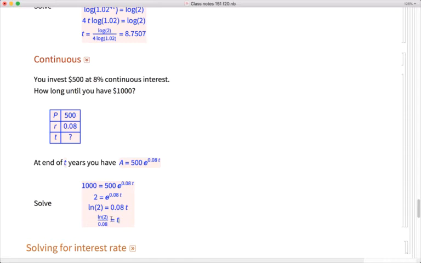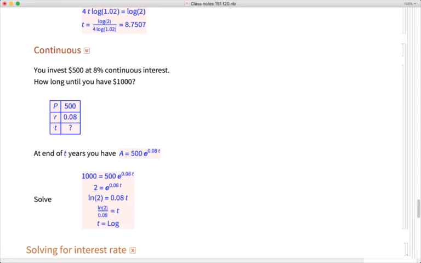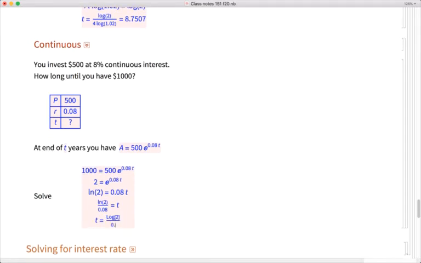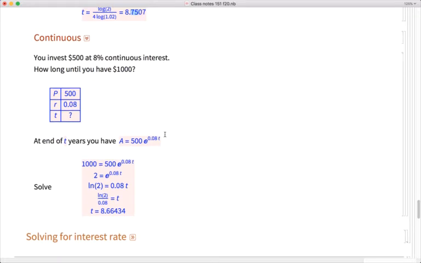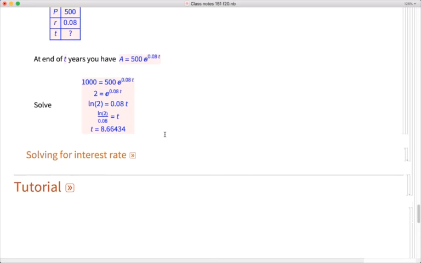And to work that out as a decimal again, right, so 8.66 years. So as predicted, we doubled our money in a shorter amount of time because of the continuous interest. Okay.